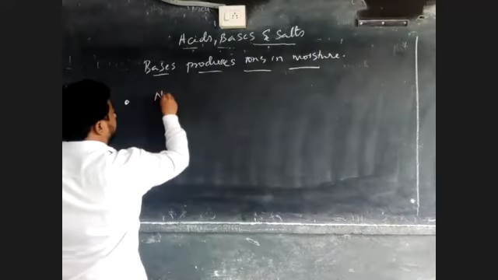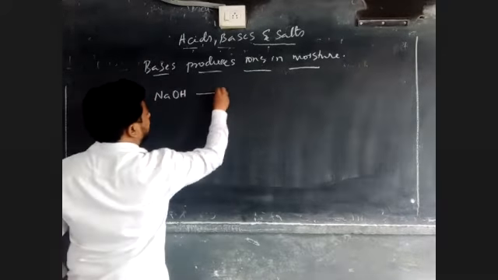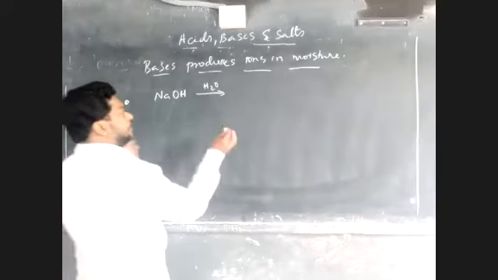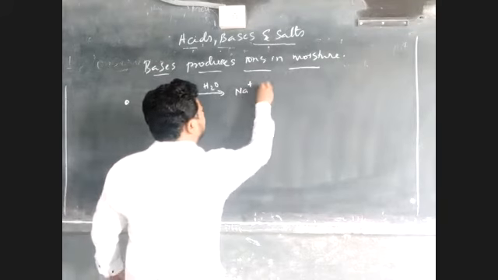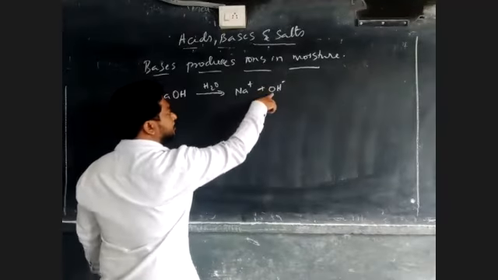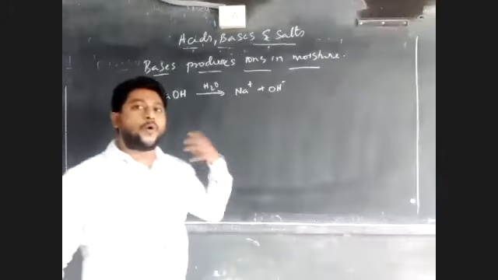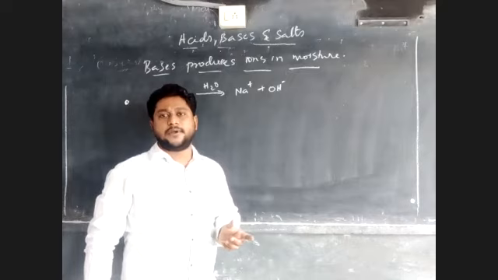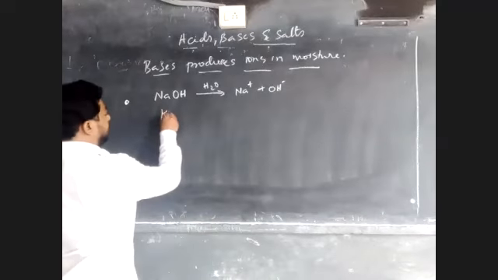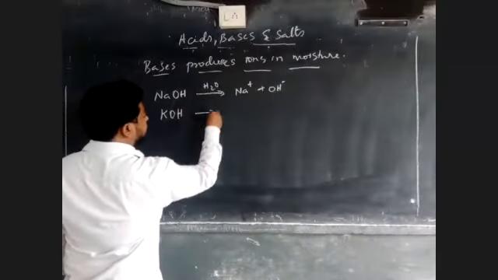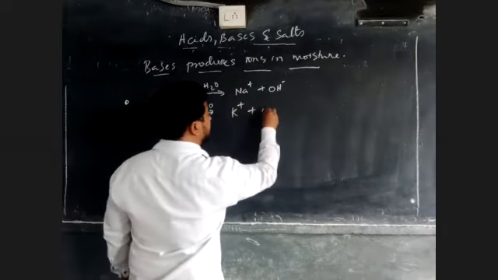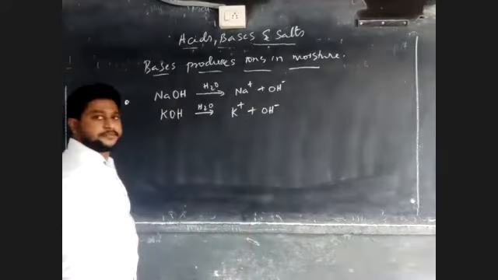Example, when NaOH is in moisture condition, it splits into Na plus and OH minus ions. The presence of OH minus ions indicates a basic nature. KOH, potassium hydroxide, in the presence of moisture forms K plus and OH minus.